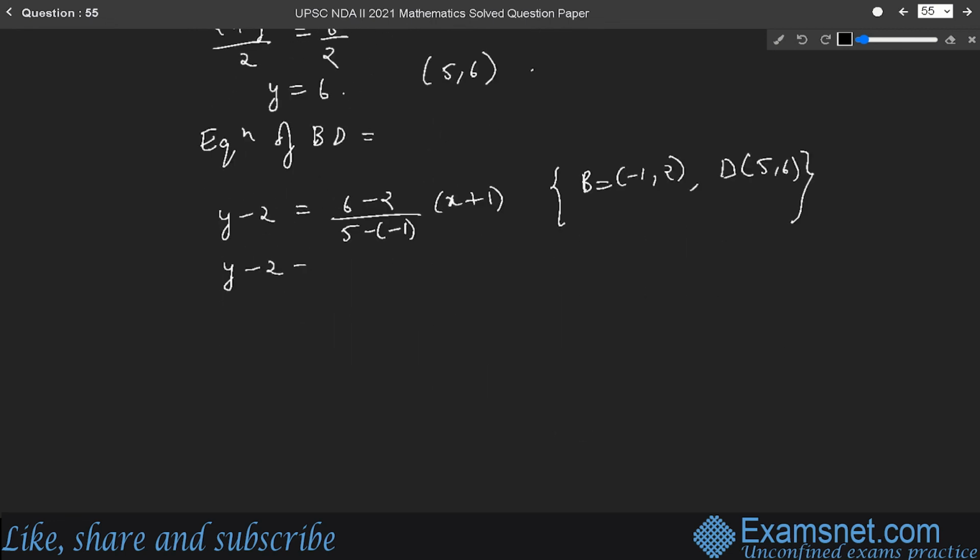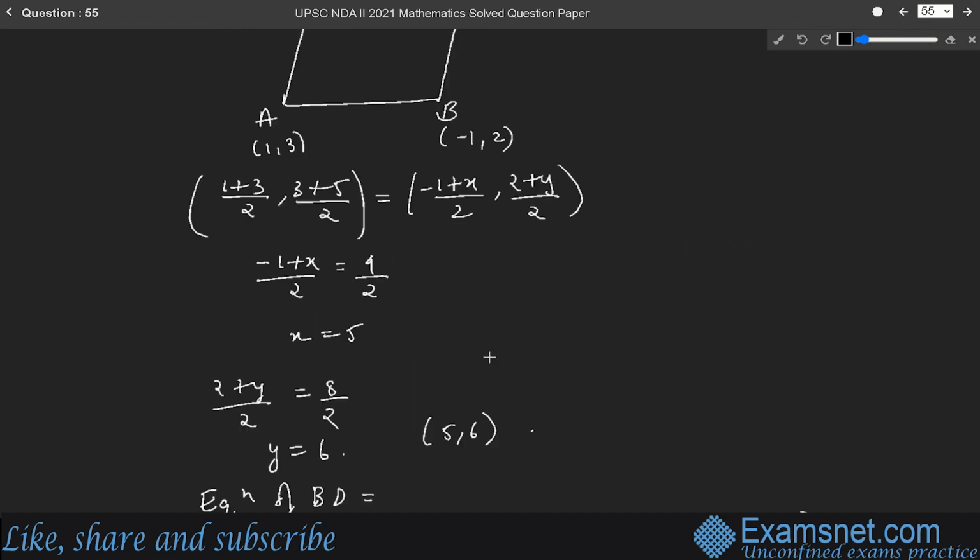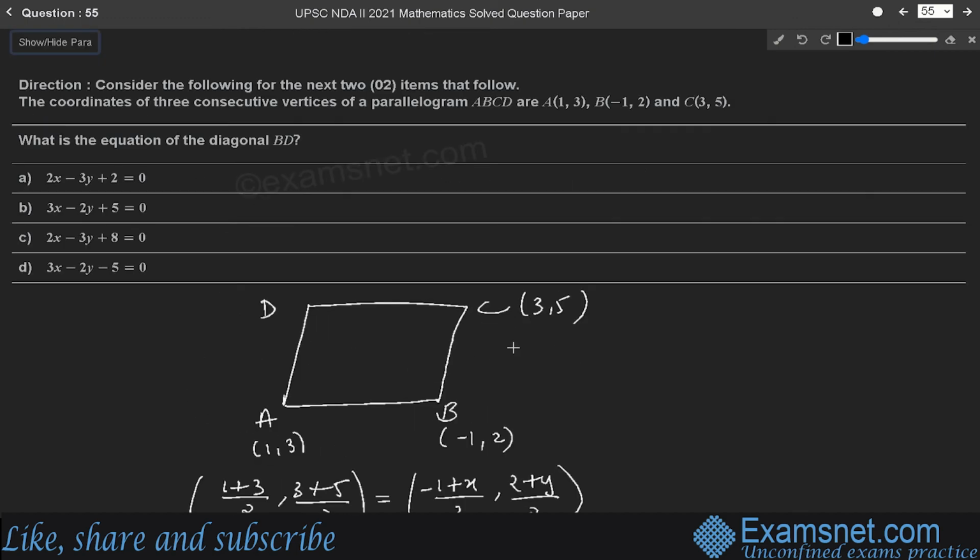Therefore, y minus 2 will be equal to 4 upon 6 into (x plus 1), or you can say that 6y minus 12 is equal to 4x plus 4. On further solving, it will be 2x minus 3y plus 8 is equal to 0. So this is the required equation for the diagonal BD. Therefore, the correct option for this question is option C, 2x minus 3y plus 8 is equal to 0.